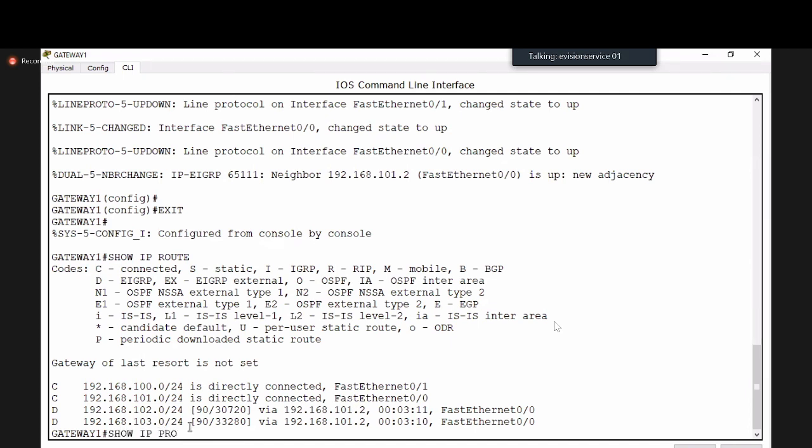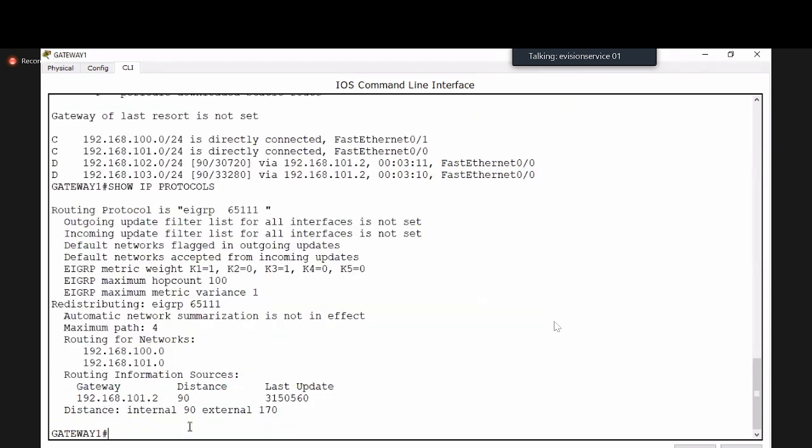So we can use this command called show IP protocols to verify our EIGRP configuration. We are running EIGRP 65111, where exactly we are doing routing for our networks LAN number 1 and LAN number 2. And the router from which we are getting our routing informations, that is your router 1.